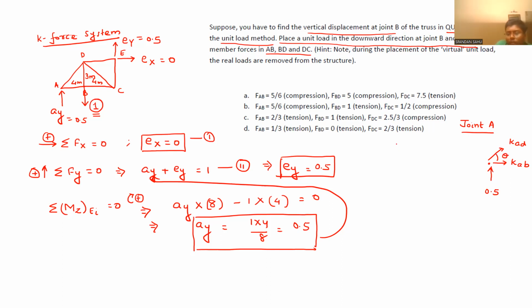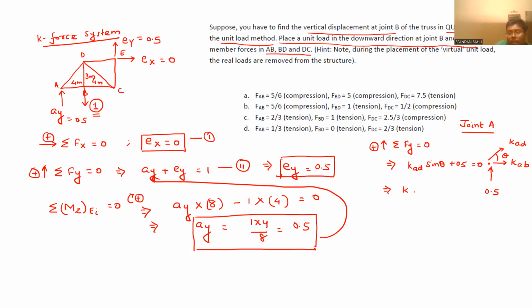So now summation of Fy equal to 0, and upward is positive as usual: KAD sin theta plus 0.5 equal to 0.